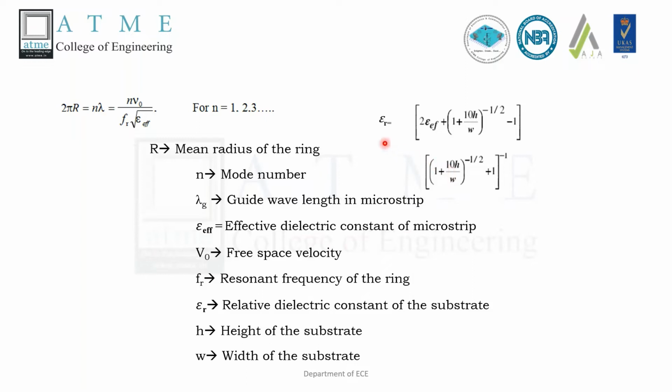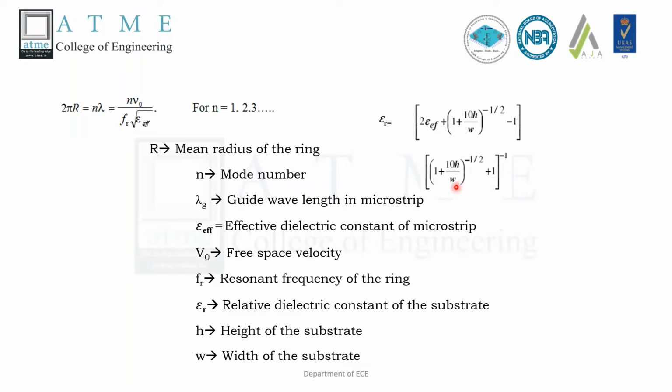So epsilon r has to be calculated using this formula: epsilon r is equal to 2 epsilon effective plus 1 plus 10h by w whole to the power minus 1, over 1 minus 10h by w whole to the power minus 1.